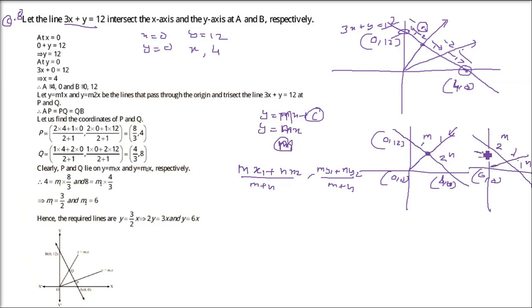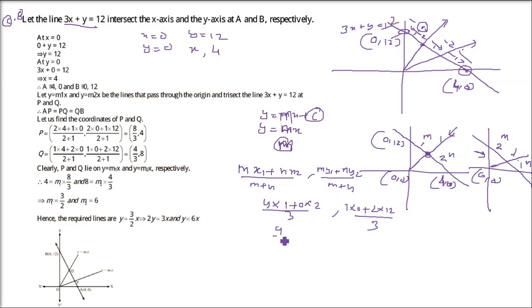In the second line you will take m as 2 and n as 1, as I indicated earlier also. So what is the point here? 4 into 1 plus 0 into 2, I am using the formula, over m plus n, 2 plus 1, 3. Now we have 1 into 0 plus 2 into 12 by 3, m plus n.